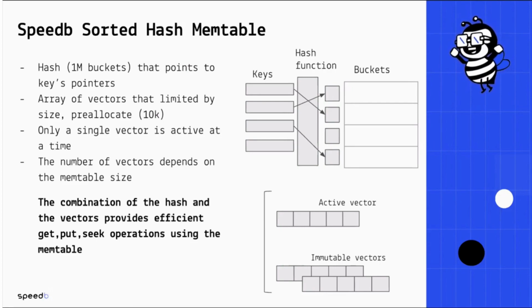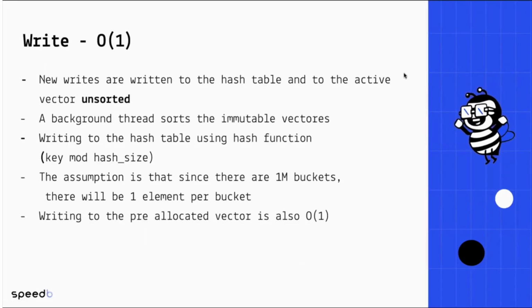And the vector can hold up to 10K elements. This is configurable. Also, the number of vectors is configurable and also depends on the Memtable size. So the combination of the hash table and the array of vectors is what gives us very fast read and write access while keeping the same performance for seek, and sometimes even better.